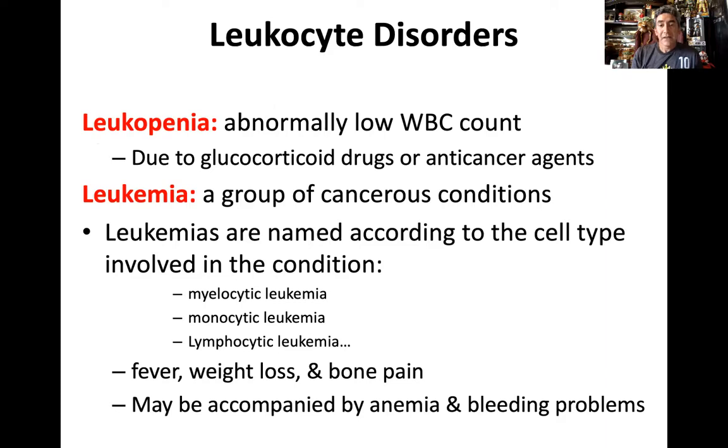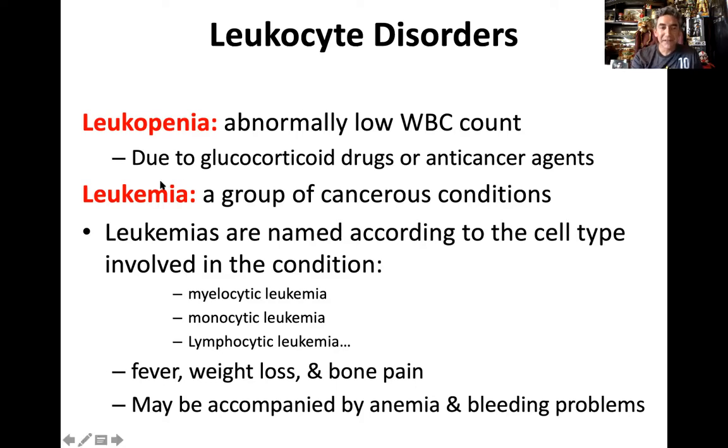But this can be due to certain drugs that affect the bone marrow, that affect that trajectory of development. A lot of chemotherapeutic drugs can do this as well. So in leukopenia, a lack of white blood cells.